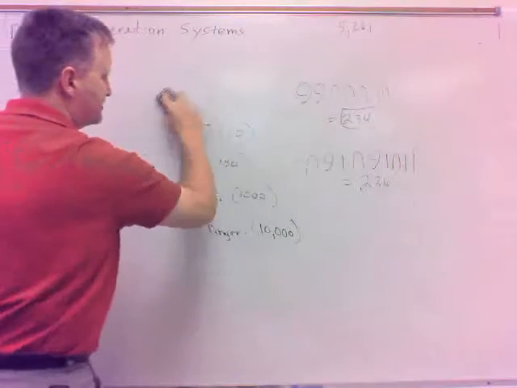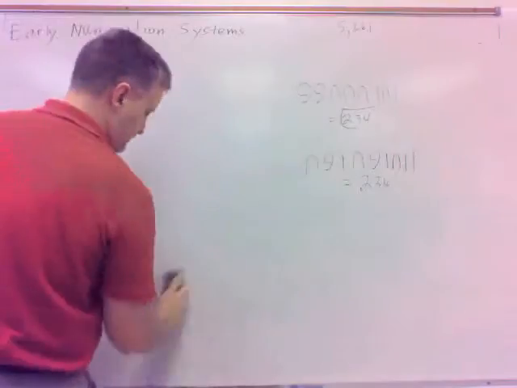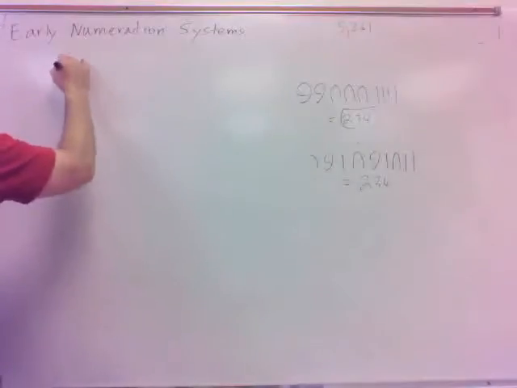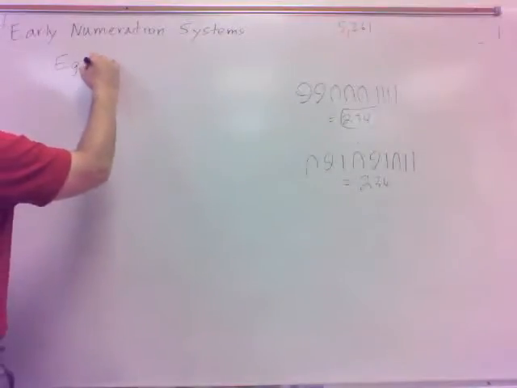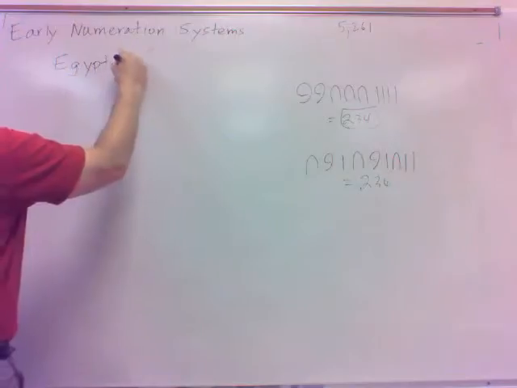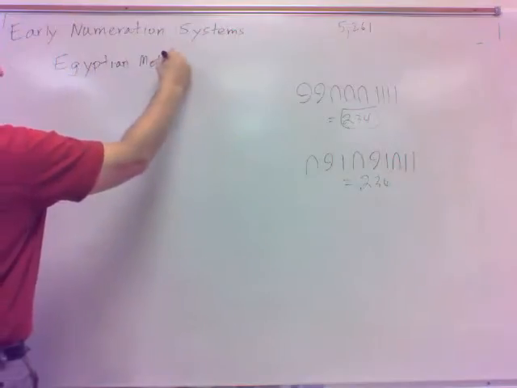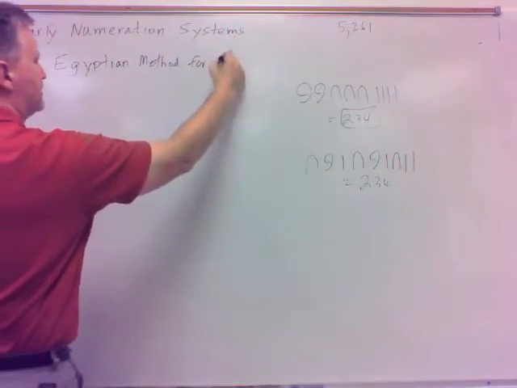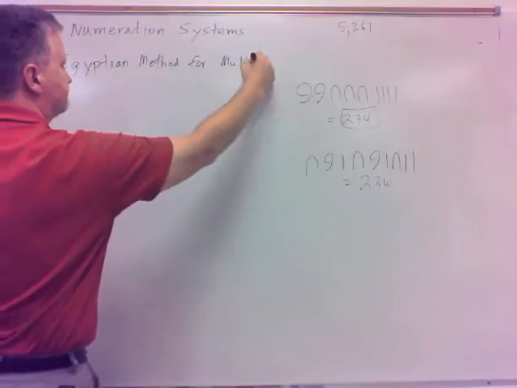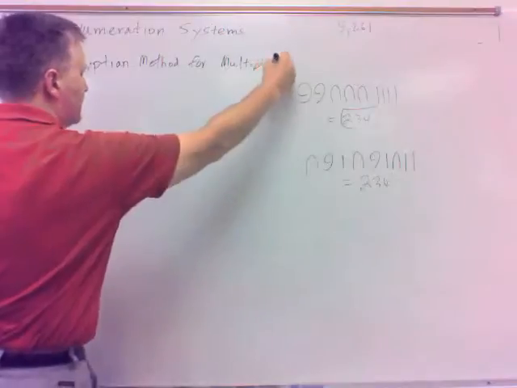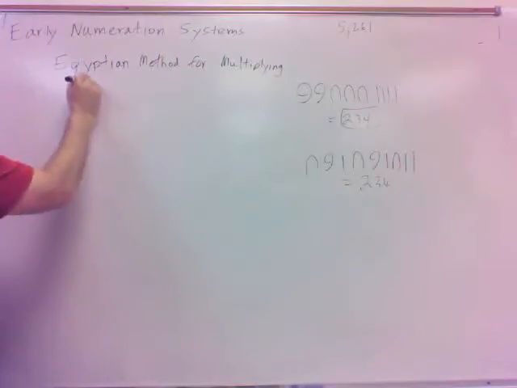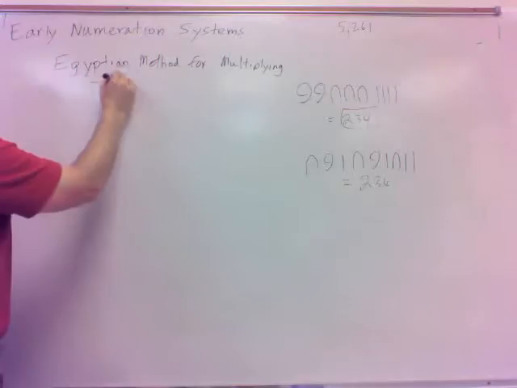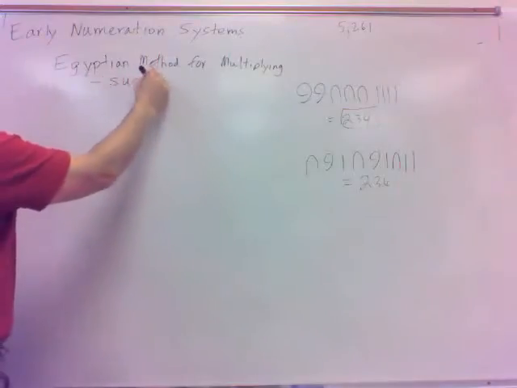And let me just show you here the Egyptian method of multiplication, or one of them. The Egyptian method for multiplying. We'll just also mention it's called successive duplication.